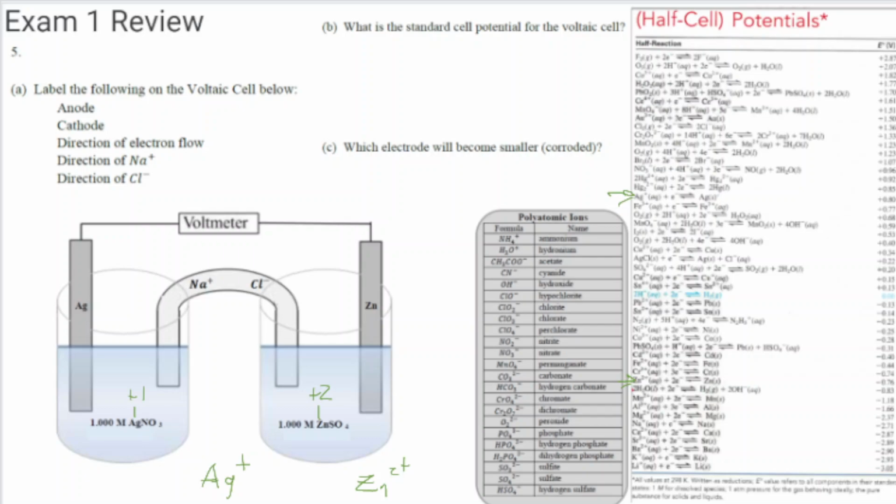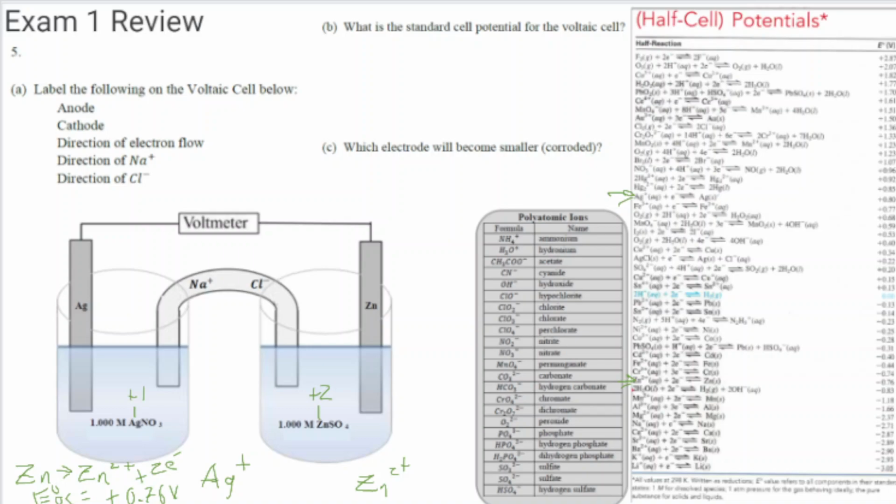But if we flip the zinc reaction, then we can change that to be zinc breaks up to form zinc 2 plus and 2 electrons, and that would have an oxidation potential of now a positive 0.76 volts.